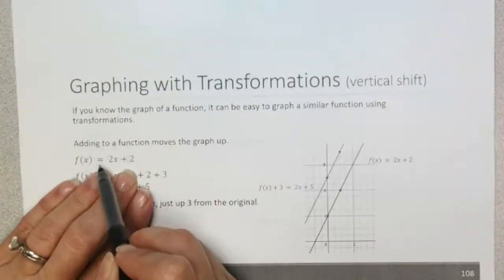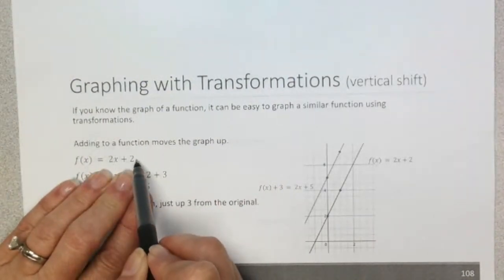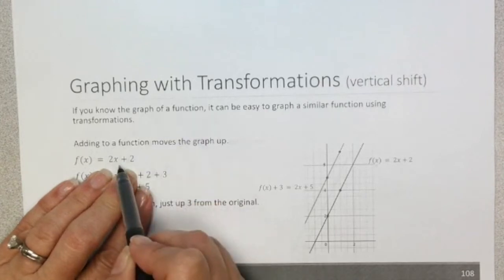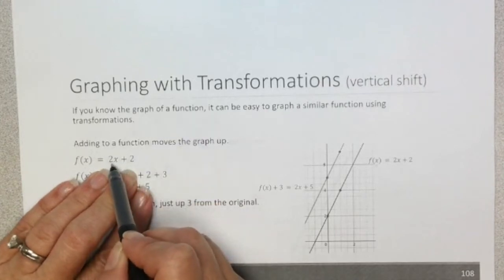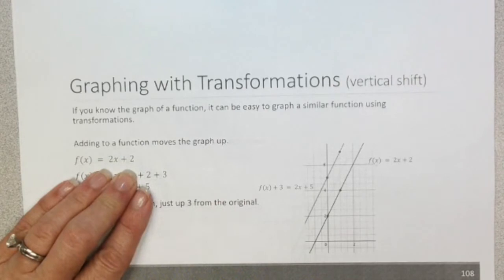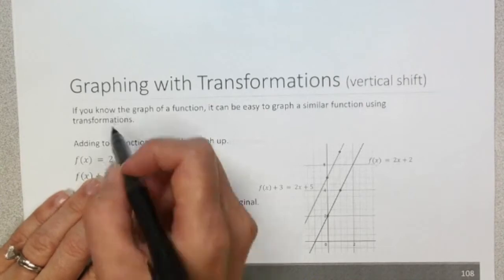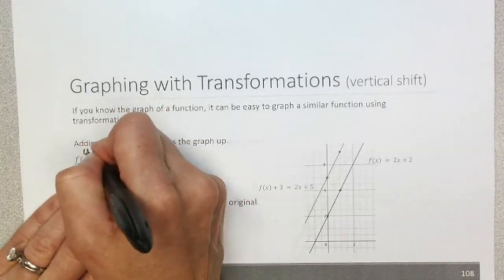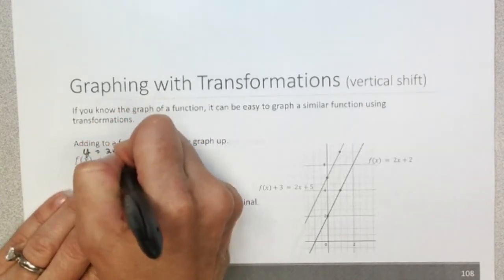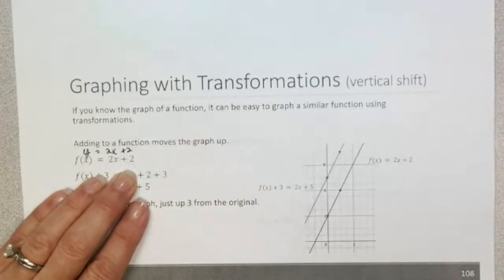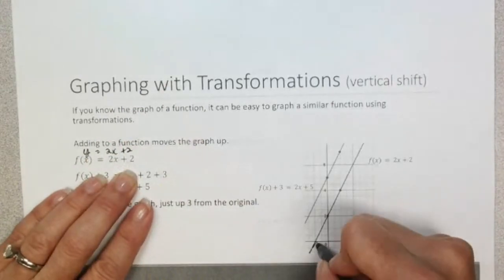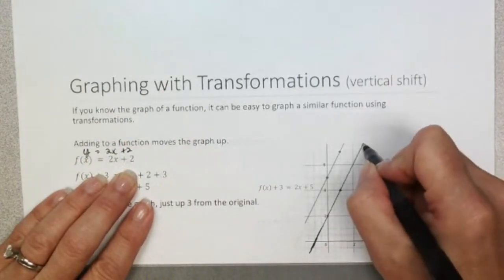That function is defined as 2x plus 2, right? Or in words, take an input, multiply it by 2, and then add 2 to that value. Okay, if we were to graph this function, f of x equals 2x plus 2, that's the same as graphing the line y equals 2x plus 2. If we were to graph that, we would get this black line here.